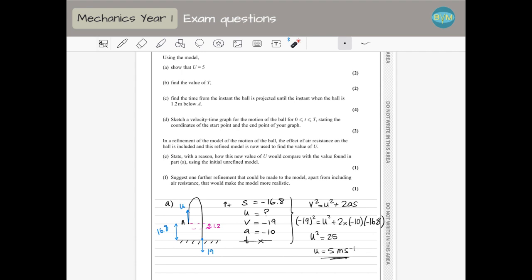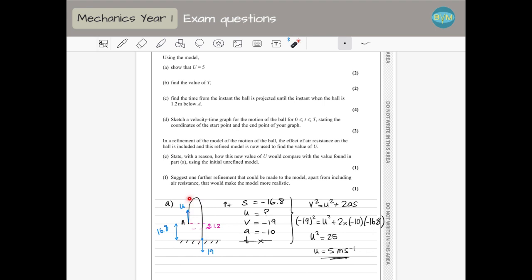But what is happening is we still have to find u for the same condition. The particle must arrive at the ground with velocity -19 or velocity 19, which means if I consider the air resistance, I have to project this with more velocity. I have to kick the ball stronger to make it arrive at the ground with the same velocity.